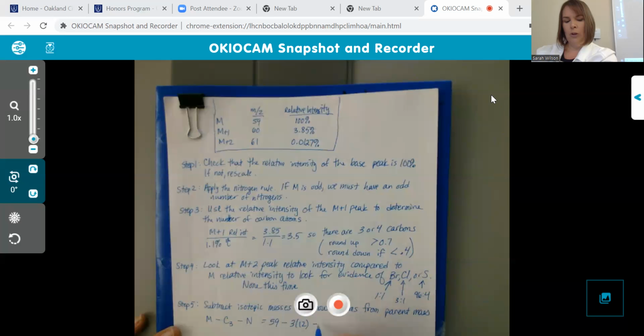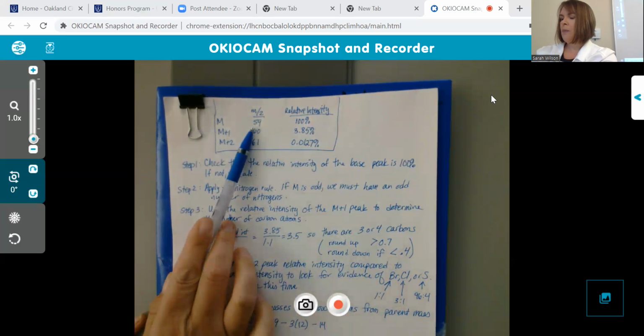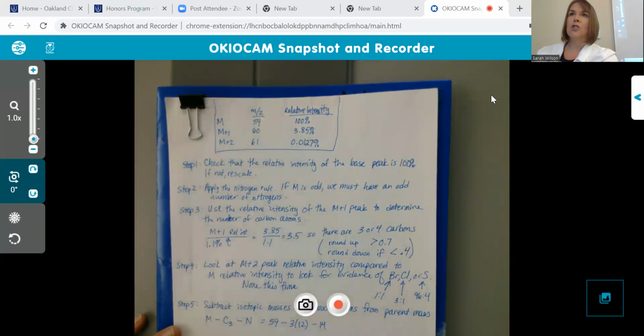And we're going to subtract 1 nitrogen, which is 14, because remember the M peak was an odd number, so we have an odd number of nitrogens: either 1, 3, or 5. Given the mass of the parent is only 59, let's subtract 1 nitrogen and see where we are.